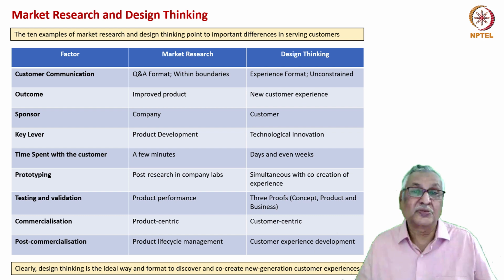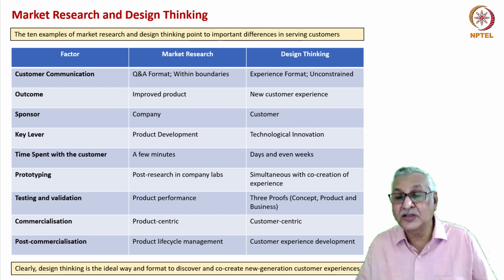Time spent with the customer is just a few minutes in respect of a market research questionnaire, and it could be days and even weeks for a design thinking laboratory. Prototyping is always done within the company post market research, whereas in respect of design thinking, it is in situ. It is simultaneous with co-creation of the experience.